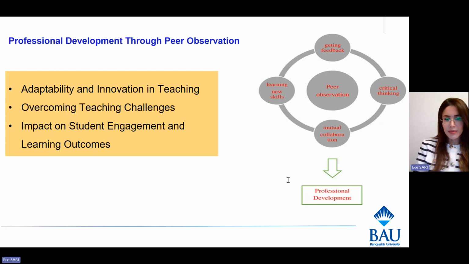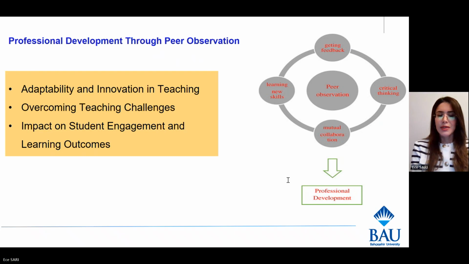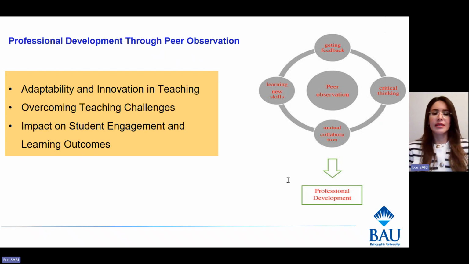When I have had problems as an instructor, peer observation has been very helpful. Working together on discussions with peers has led to new ideas and practical solutions. Because of these shared experiences, I have learned how to deal with problems better and turn them into opportunities for professional development.